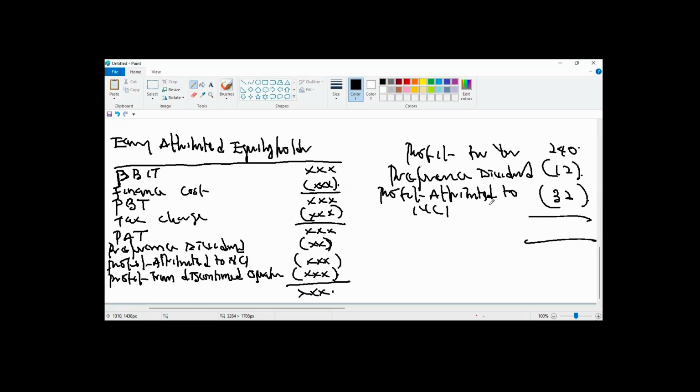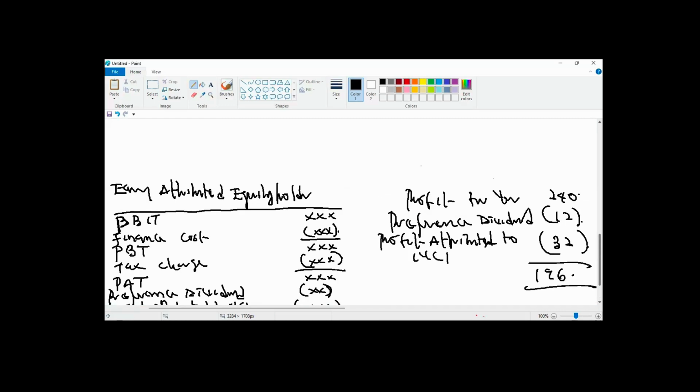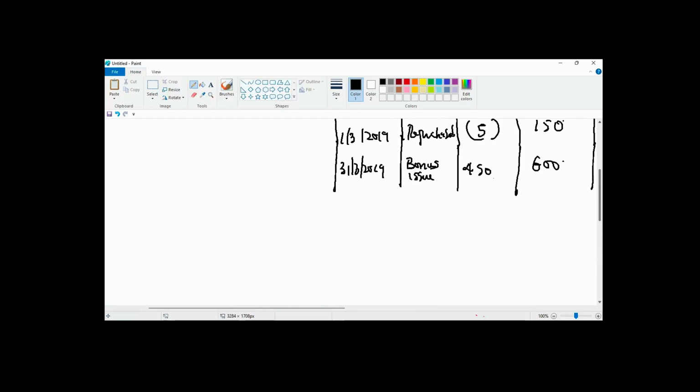This is what will now go to my basic earnings per share. 240 minus 12 minus 32 is 196.